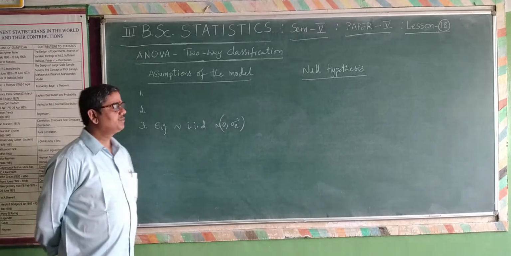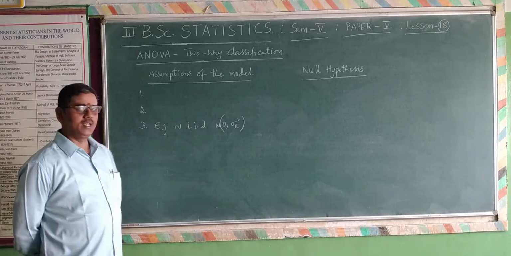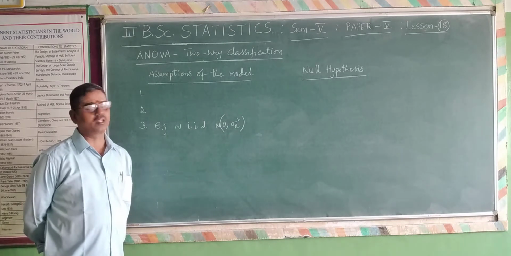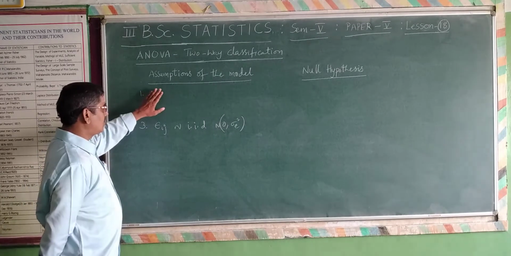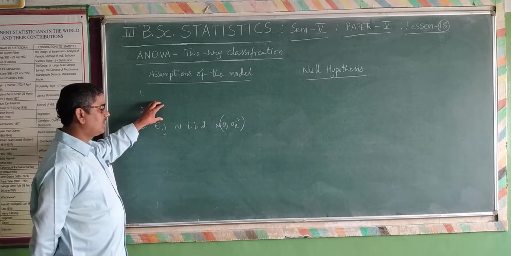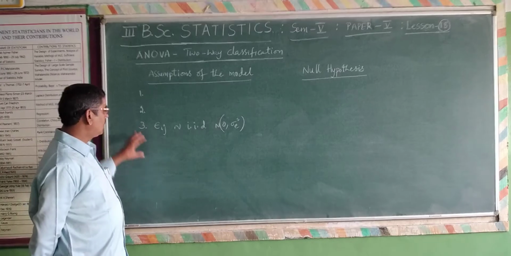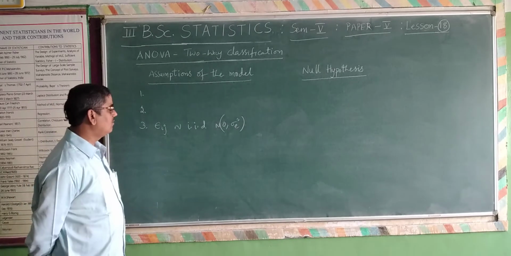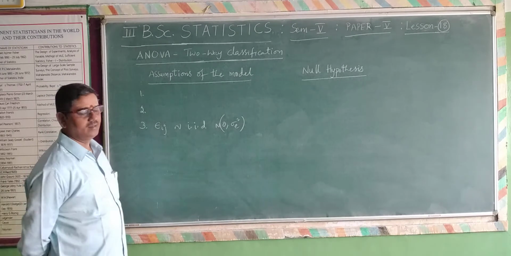These are the three assumptions: all the observations Yij are independent, all the effects are additive, and epsilon ij follows IID normal with mean 0 and variance sigma square e.